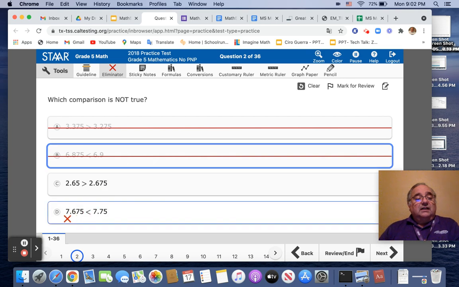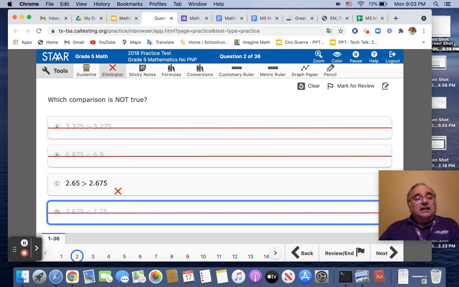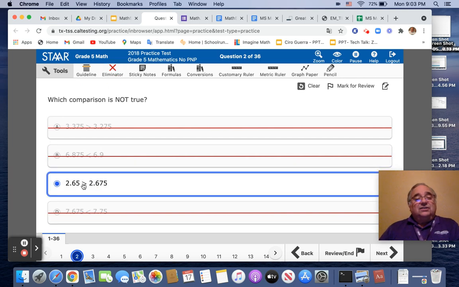I also know that 7 and 675 thousandths is smaller than 7 and 75 hundredths, so I can eliminate that. That leaves 2 and 65 hundredths is greater than 2 and 675 thousandths. That is not true, so that is the correct answer. Hopefully that's what you got.